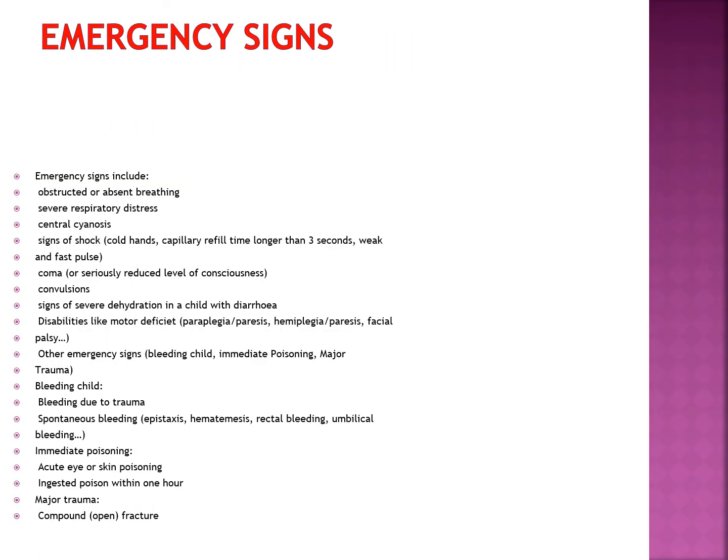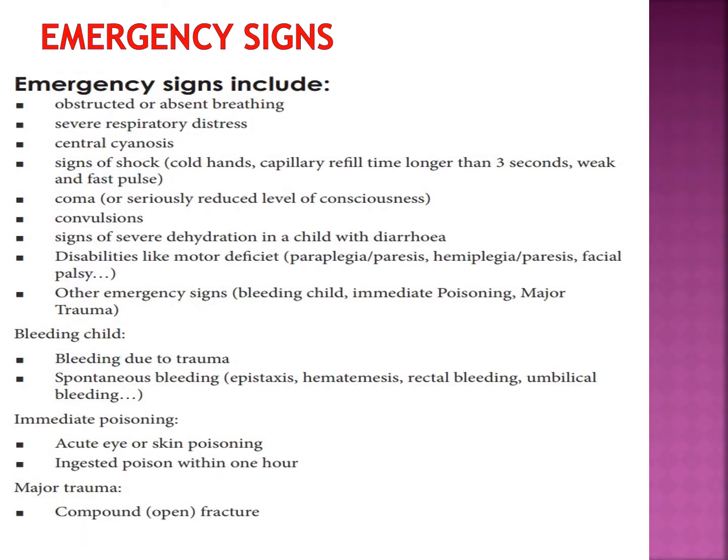The emergency signs include obstructed or absent breathing, severe respiratory distress, central cyanosis, signs of shock, coma, a seizing child, signs of dehydration, disability like motor deficits, and other emergency signs such as a bleeding child, poisoning, and major trauma.